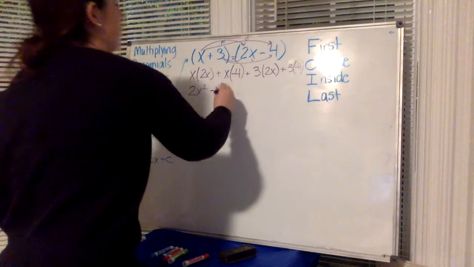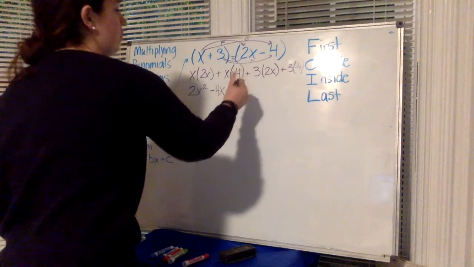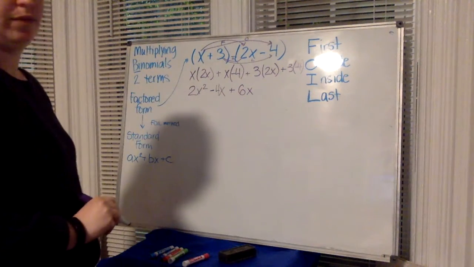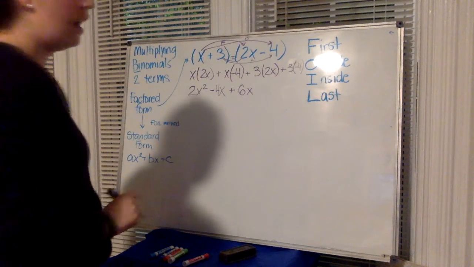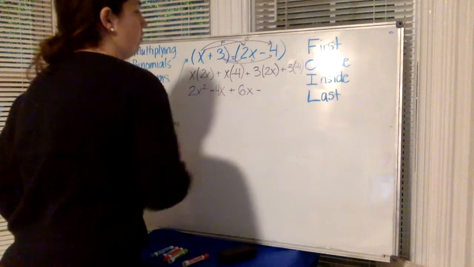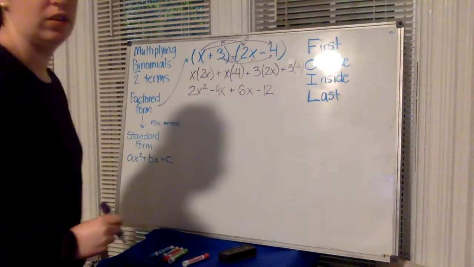In my next term, it's going to be a positive 3 times 2, which is 6x. And the last one is going to be 3 times negative 4, which is negative 12.